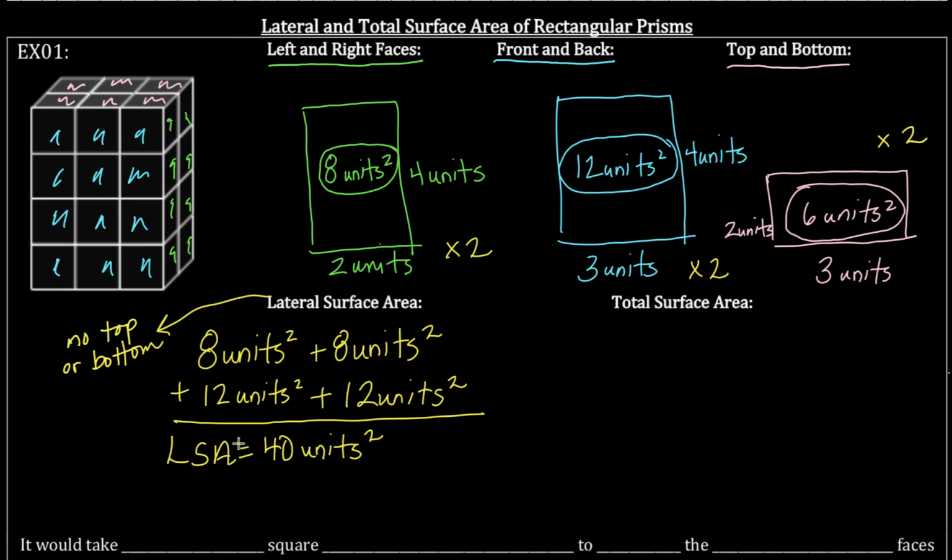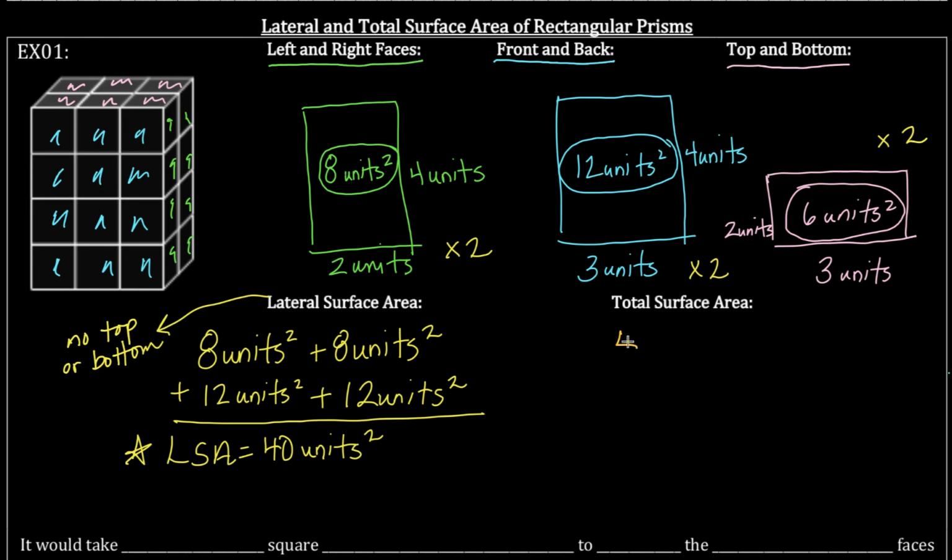I'll just leave it like that. Oh, I'll put a star. Okay, so total surface area would be all of the sides. So you could do 8 plus 12 plus 12 plus 6 plus 6. Or I could just take the 40 units squared, so I'll do orange this time.